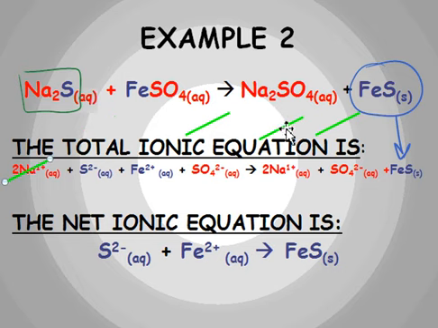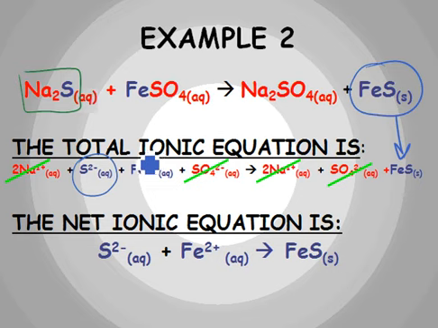You have 2 sodium here and 2 sodium there, and the sulfate ion here and the sulfate ion there. What you have left is your sulfide, your iron, and your iron sulfide. Those, when you bring them down, make your net ionic equation.